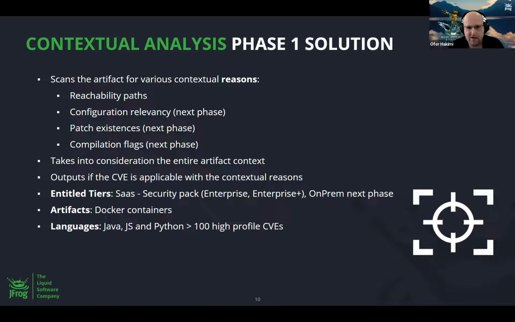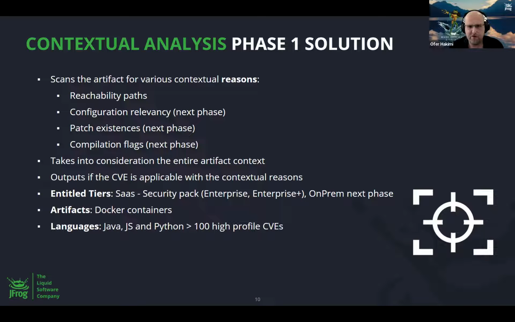We are taking into consideration the entire artifact context and scanning it for this applicability notion. And we can also come with a bottom line of whether the specific CVE is applicable. I will show you soon an example.